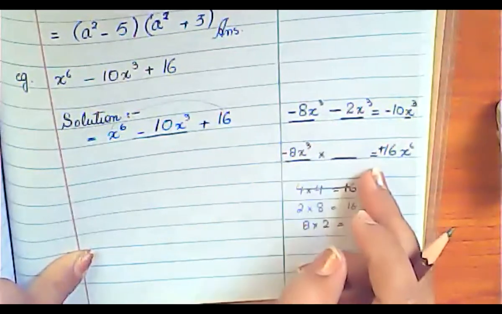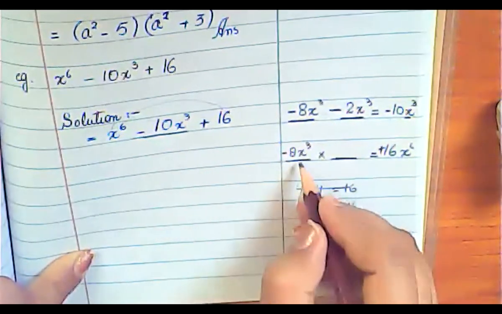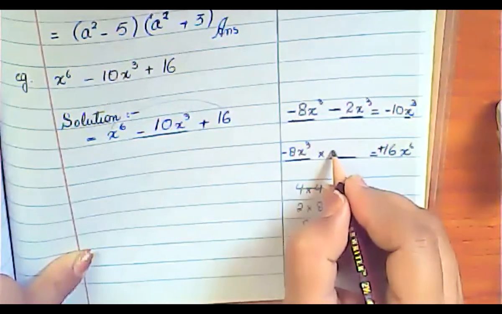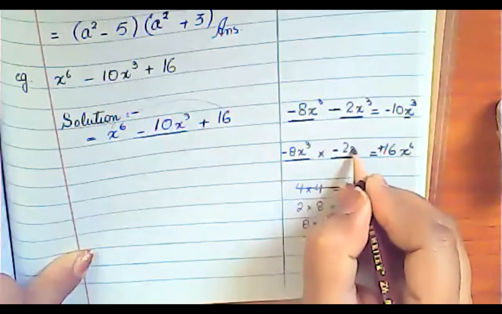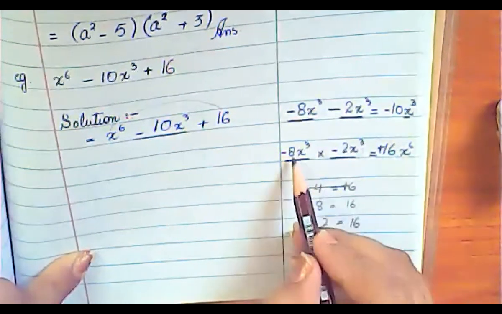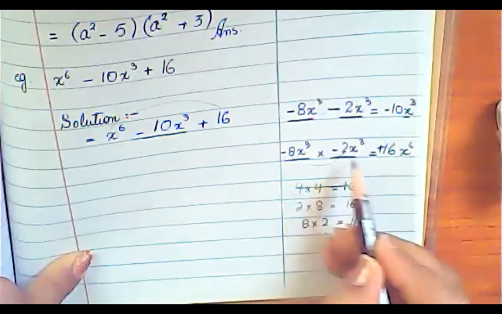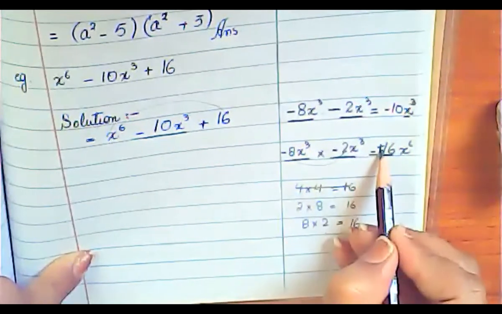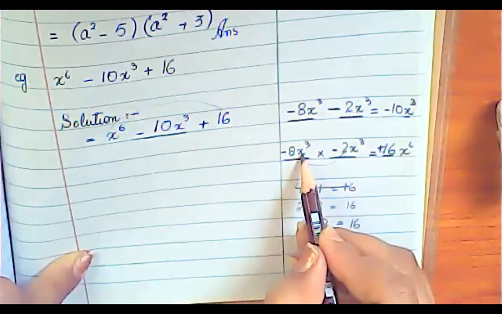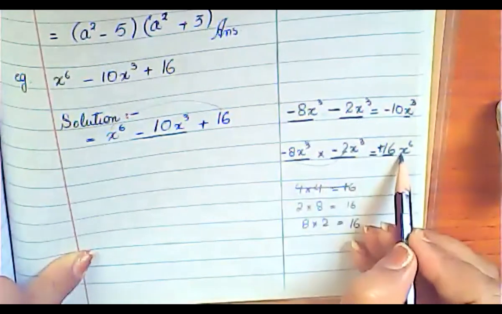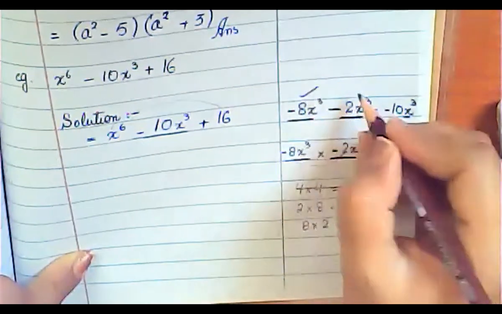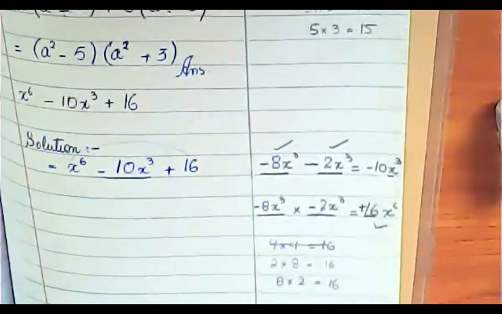If we multiply minus 8x cube with minus 2x cube, what will be the answer? 8 multiplied by 2 will be 16. Minus minus will be plus, and x cube multiplied by x cube will be x6, right? So it means we have picked the correct term.